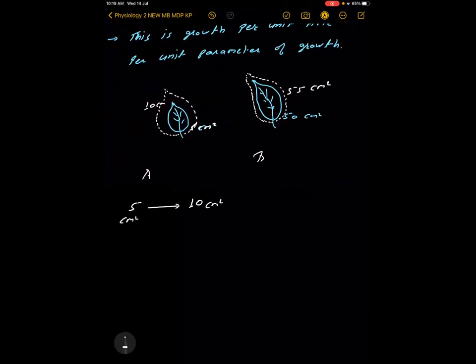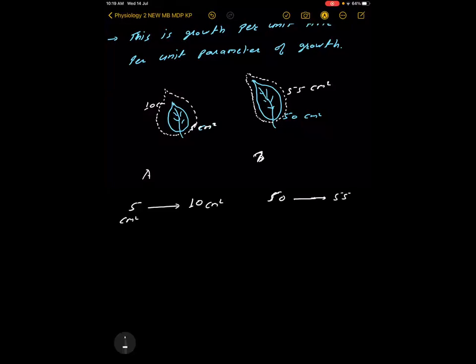But leaf B is already 55 centimeters square, and it has to grow from 50 to 55, so it covers only 5 centimeters square.